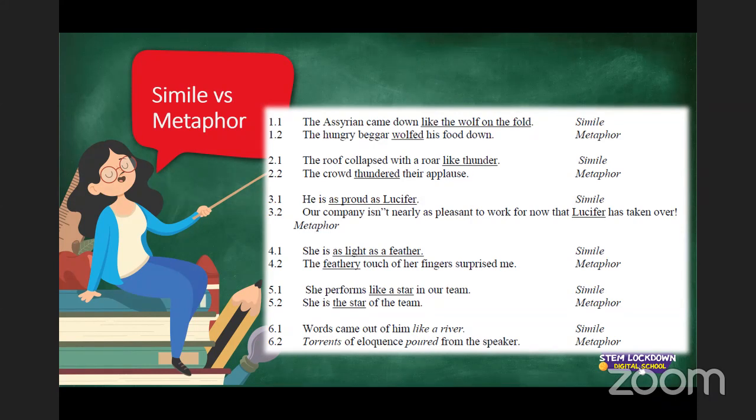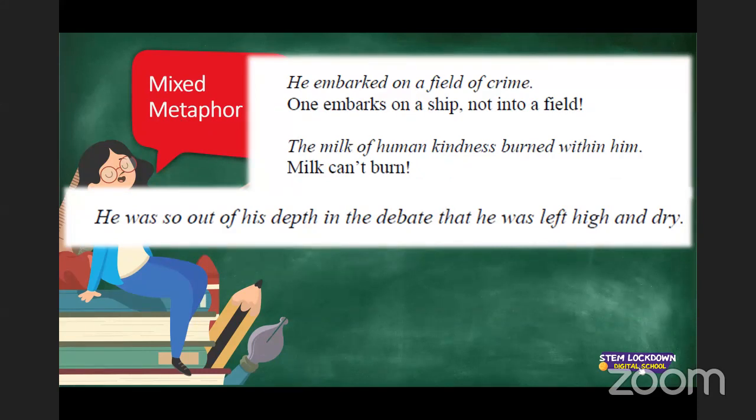Okay, so if more than one metaphor is used to make a continuing series of comparison, these must not contradict. So we're going to look at just a few examples where the metaphors are mixed, but they don't quite agree with each other. So you might lose the meaning if you mix your metaphors but they don't go together.